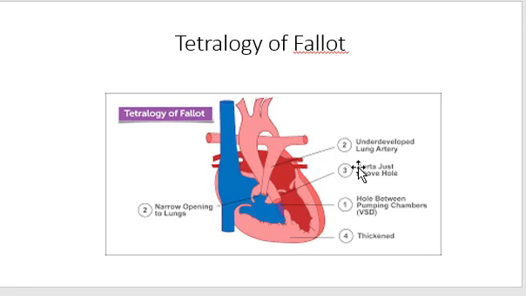The other thing that they can do is a complete repair, and this is usually performed in the first year of life. Indications for this include increasing cyanosis, or where they develop these hypercyanotic spells.